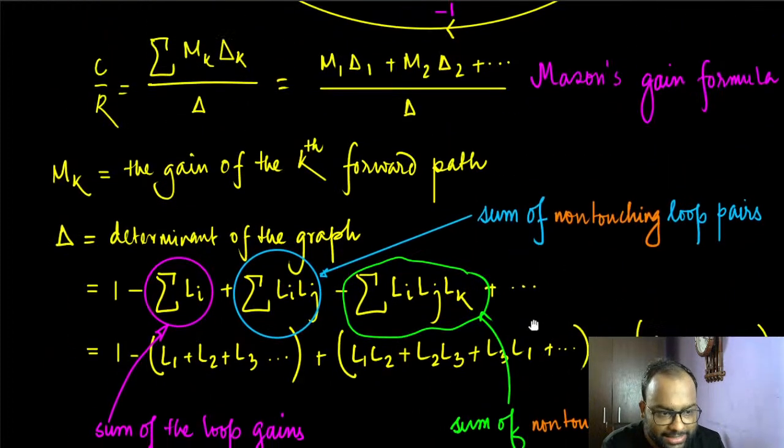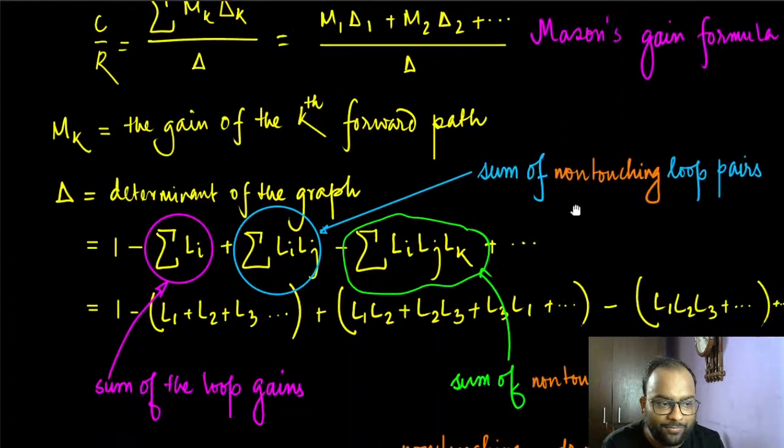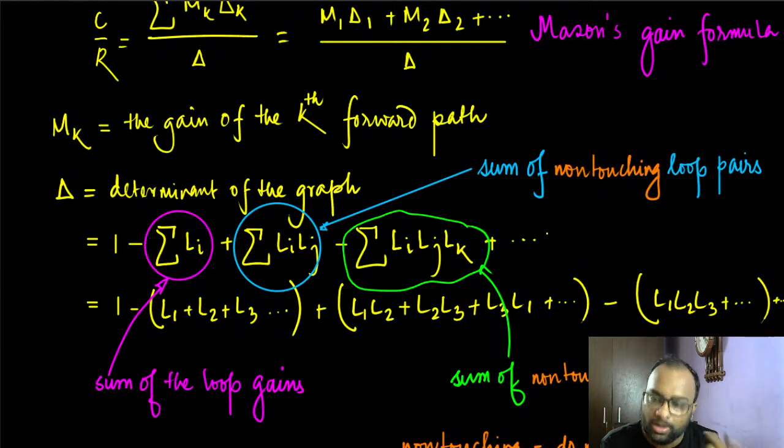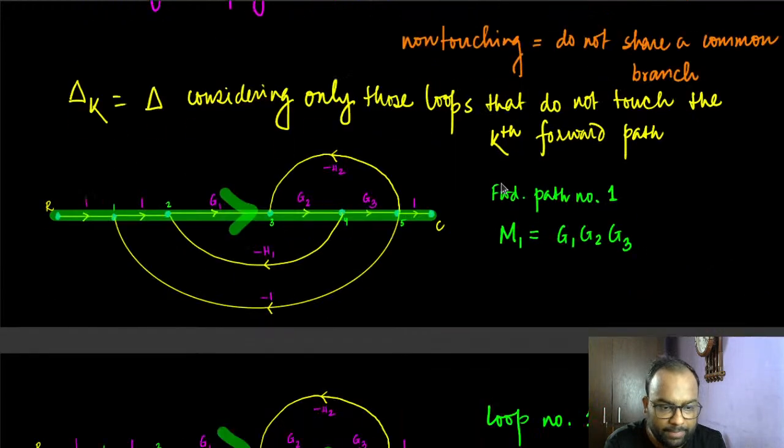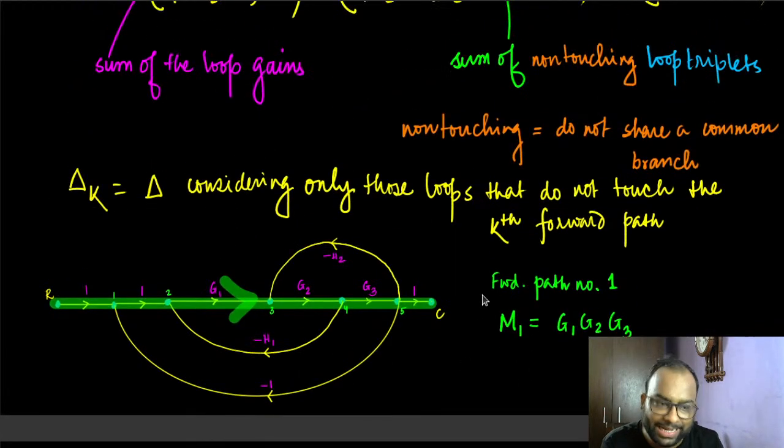In other words, in this example, I only have one forward path, so I would have delta 1. I had m1 in this picture, so I would have delta 1.